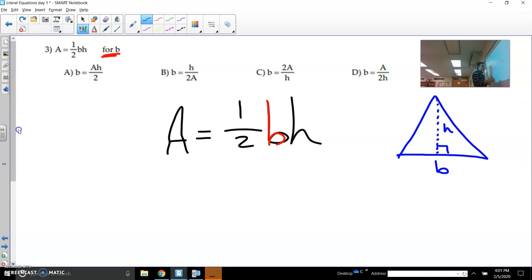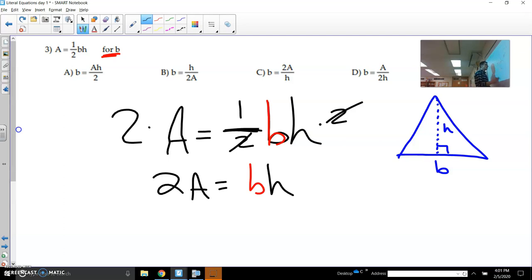So the first thing I lock in on is this division of 2. Let's multiply by 2. So when I multiply 2 to the other side, I can just write BH. Now if you want to put the 1 here, you can, but honestly it's understood to be there already. So b and h are multiplying together. So let's divide that value away.